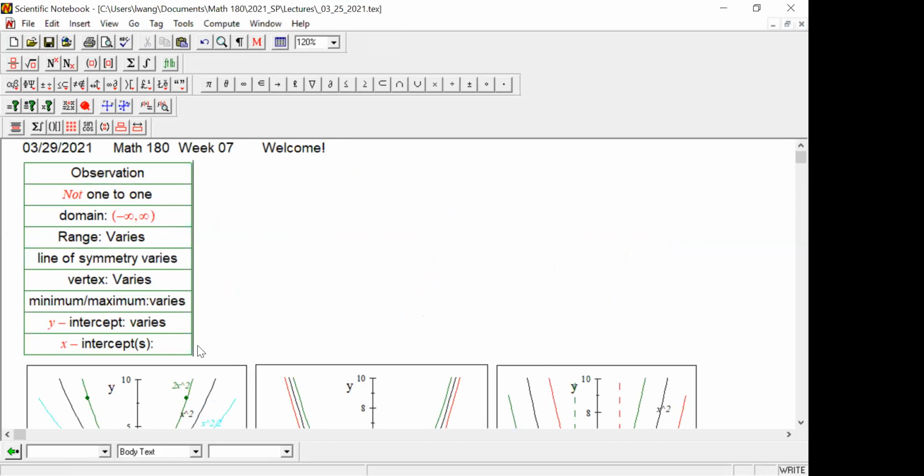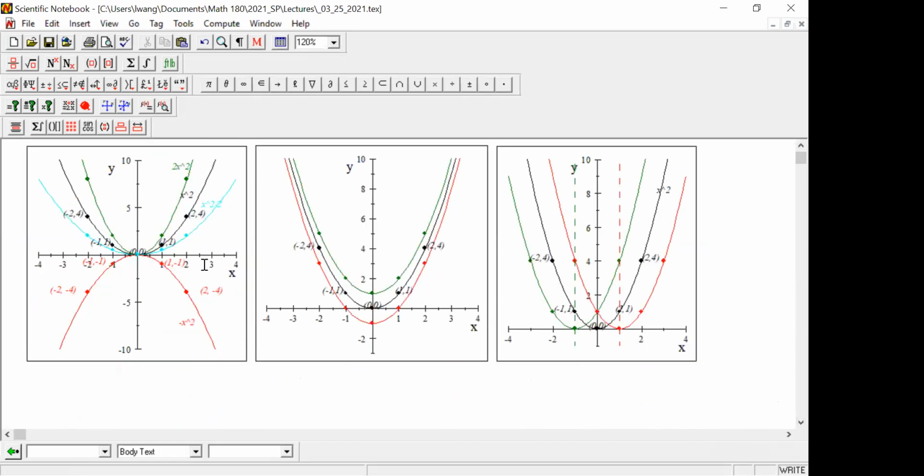Okay. How about x-intercept? Where do they intersect with the x-axis? Well, that varies as well, right? So for these 4 curves, the x-intercept is the same as the y-intercept. But on these, they are different. Okay, these are x-intercepts.